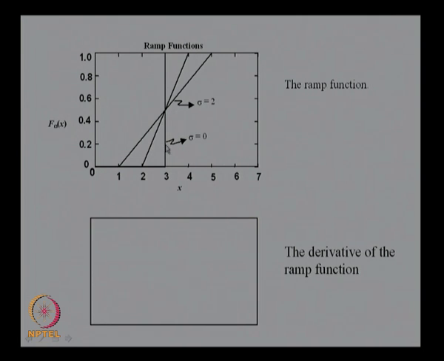In the limit of sigma tending to 0, this becomes a unit step function. I am sorry, here I have written it as f sigma of x. So, this is the derivative of the ramp function, and in the limit of sigma tending to 0, it will become a delta function.